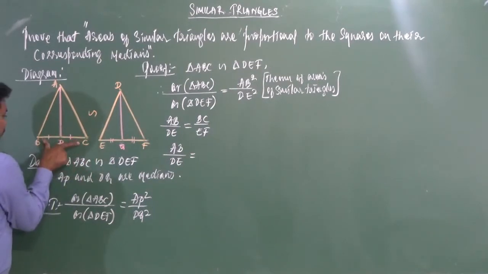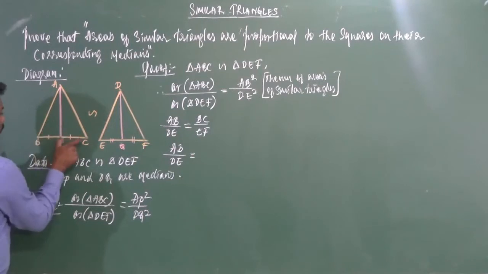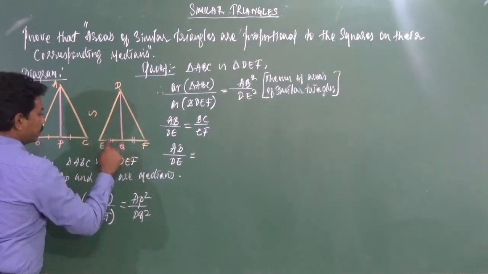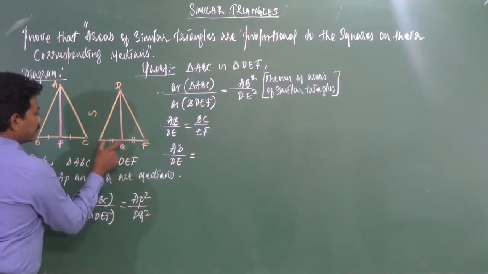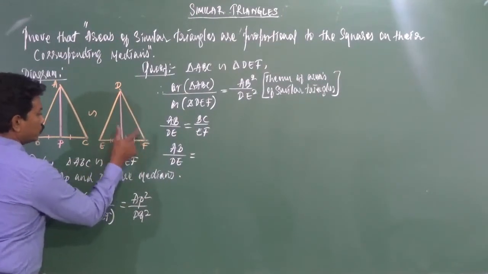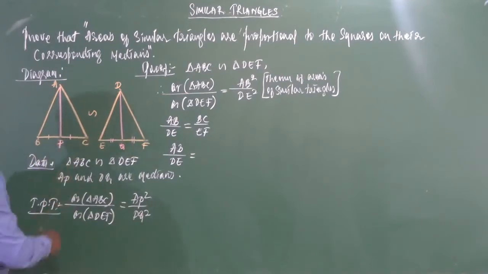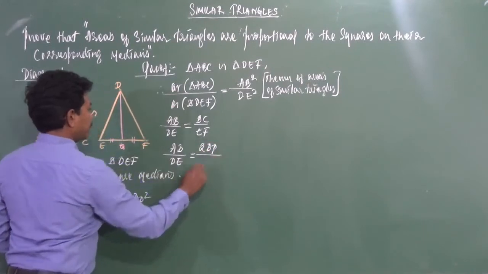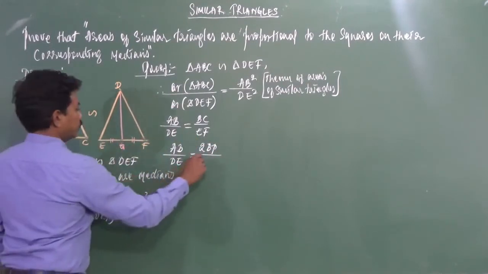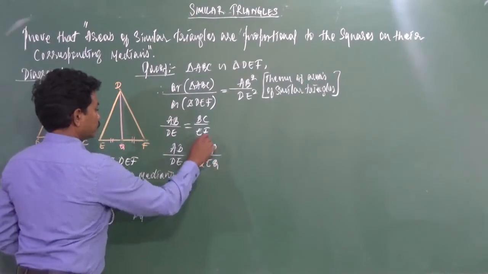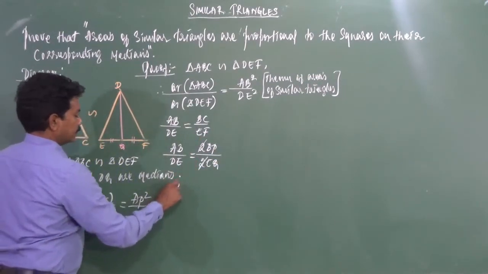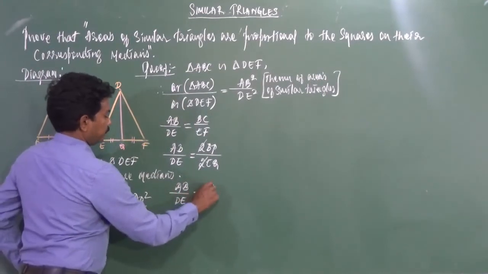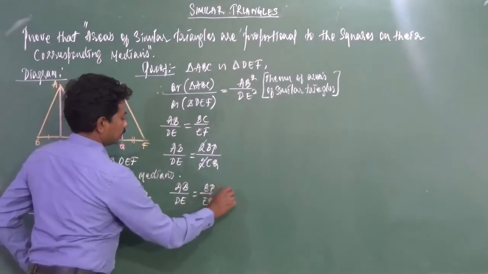Instead of EF, as Q is the midpoint of EF, we can write 2EQ or 2QF. So, instead of BC, I am going to write 2BP by, instead of EF, 2EQ. So 2 and 2 get cancelled. The remaining is AB by DE is equal to BP by EQ.